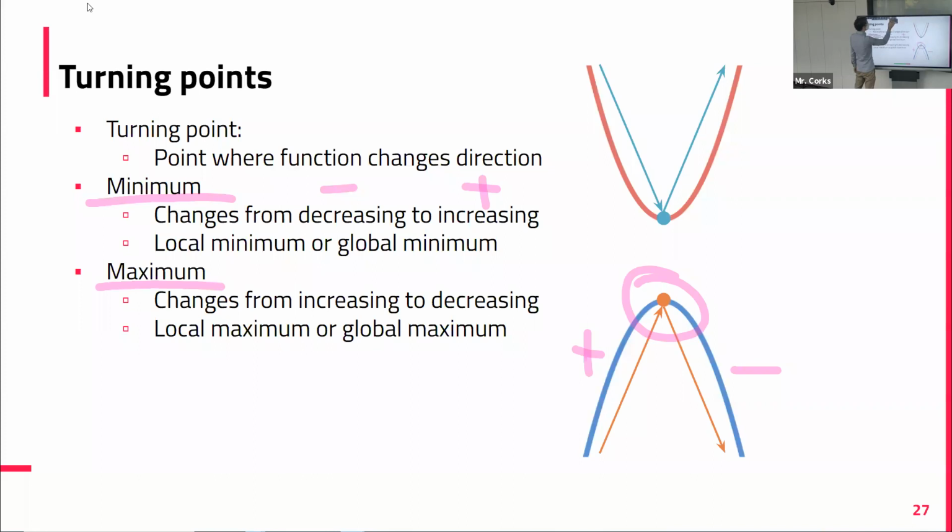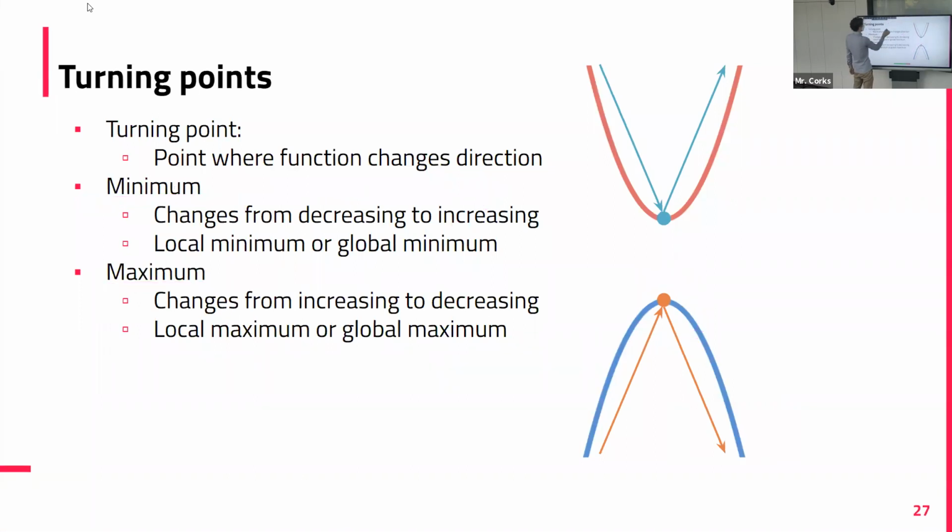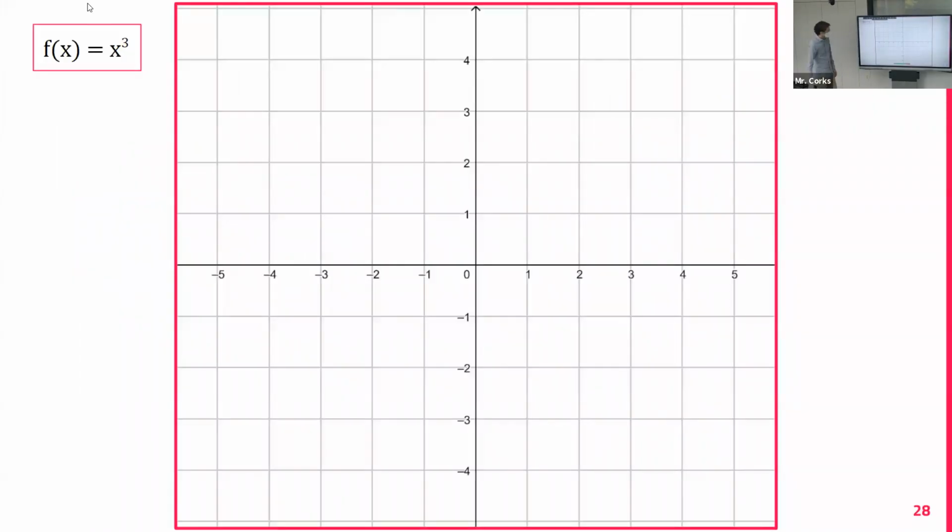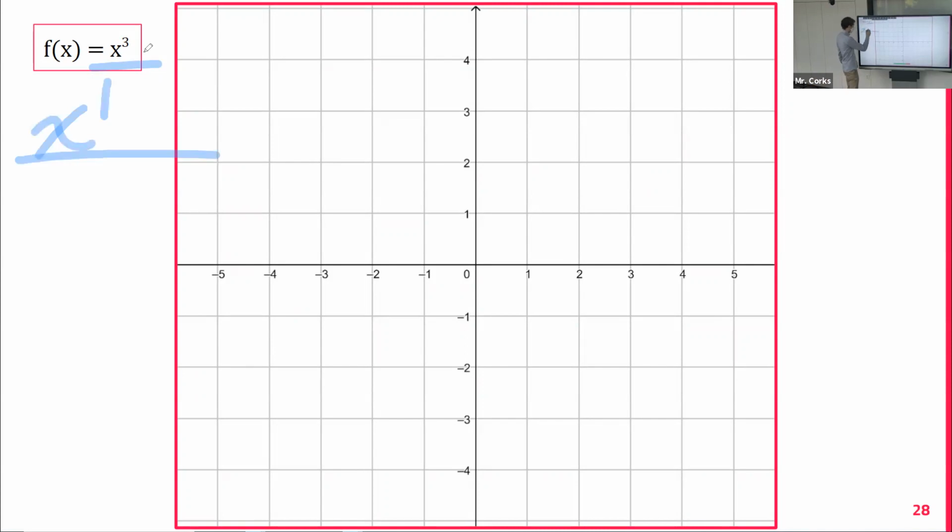Okay, so let's try to graph a slightly more complicated function here, something like this, x cubed. So same thing, we can make a table of values, our x and f of x.